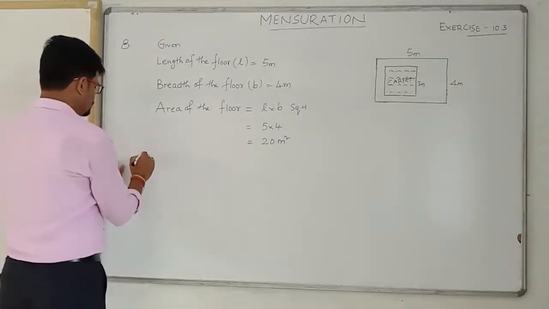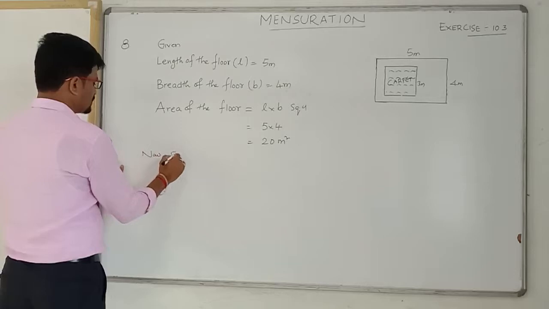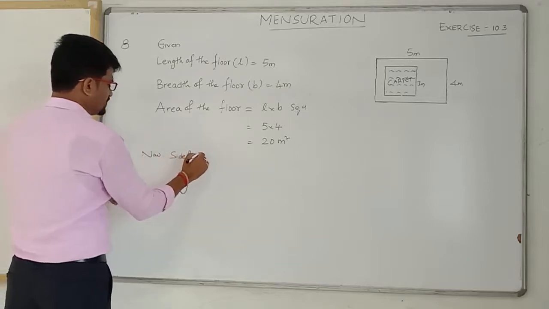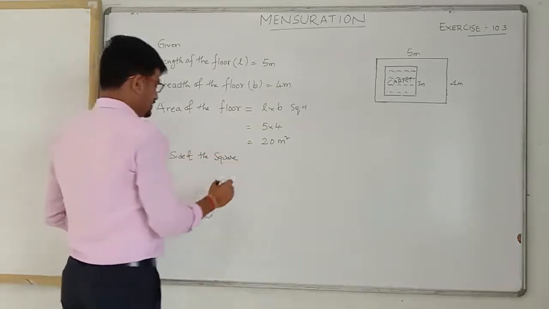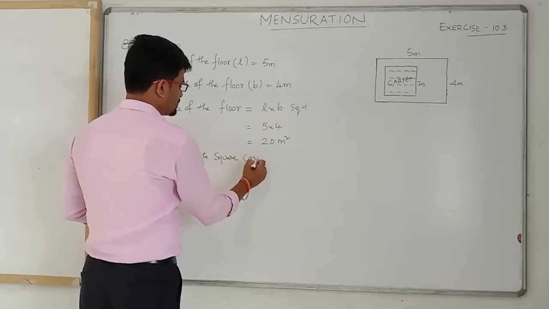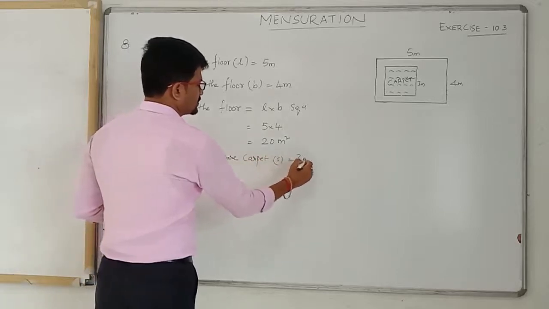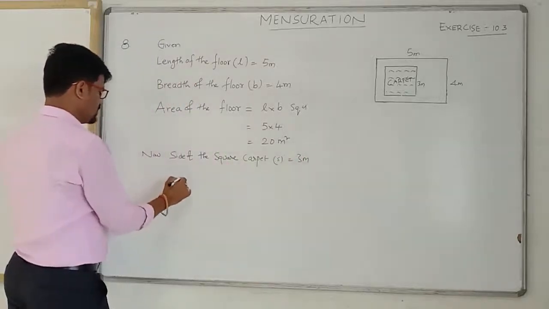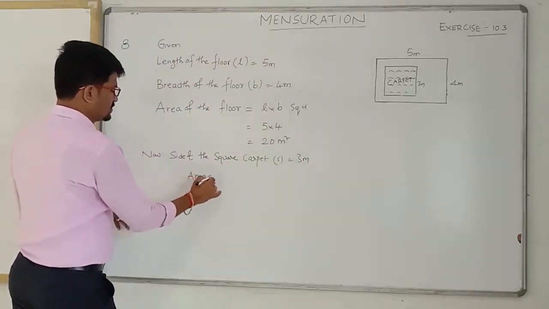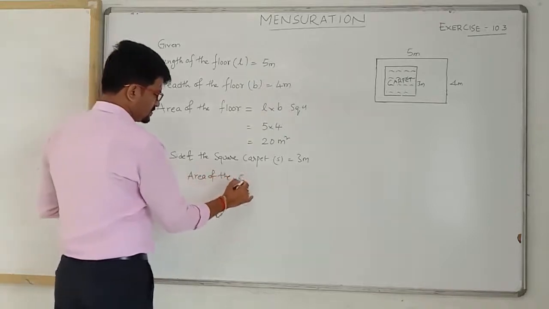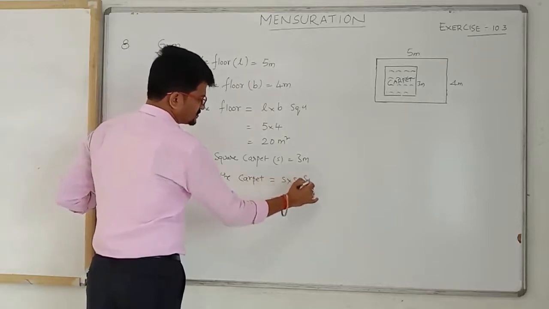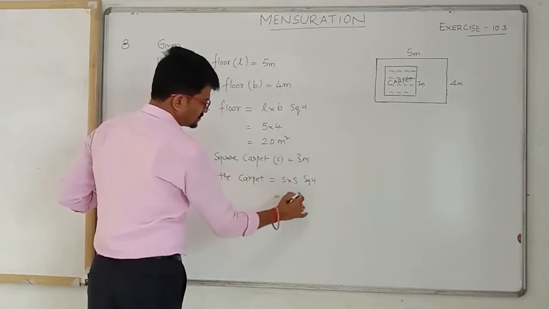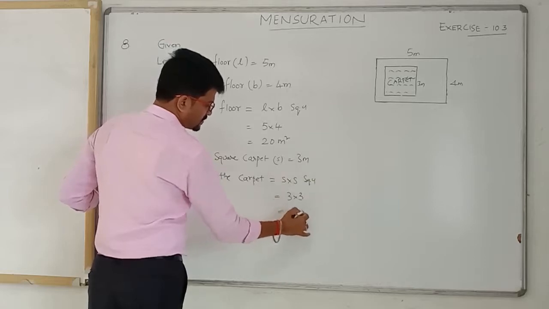Now side of the square carpet is 3 meters. Therefore area of the carpet is S into S, that implies 3 into 3, that implies 9 meters square.